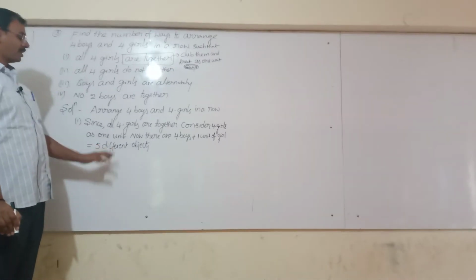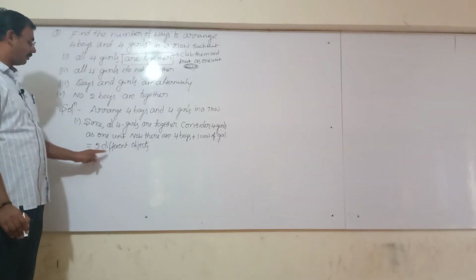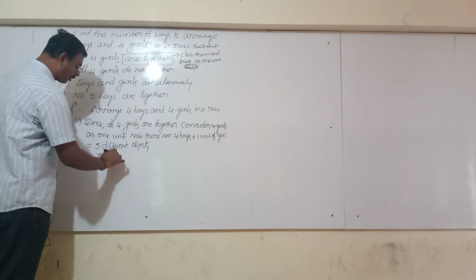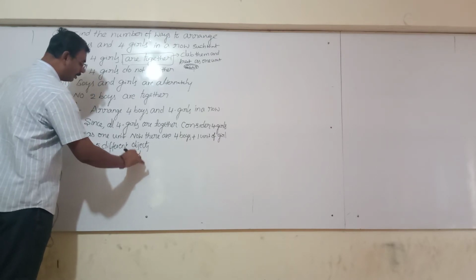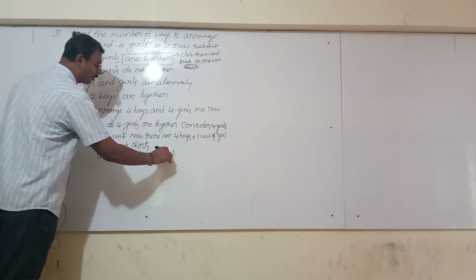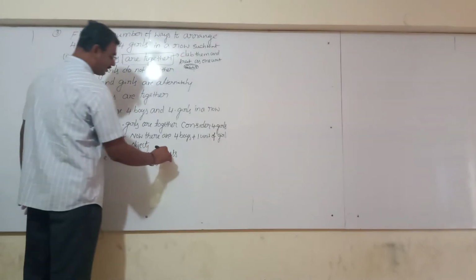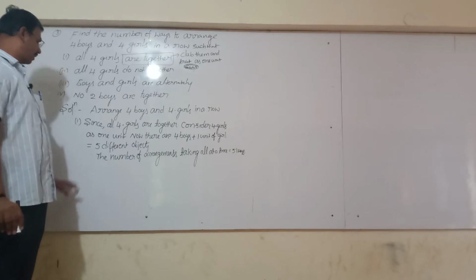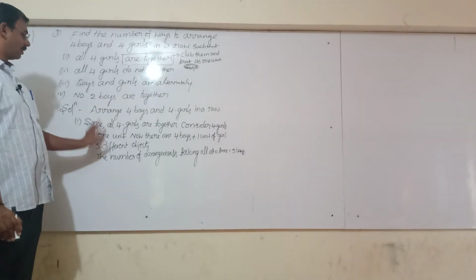How many ways can I arrange these 5 objects taking all at a time? 5 factorial. Therefore, the number of arrangements taking all at a time is equal to 5 factorial ways. Okay, this is the condition completed.